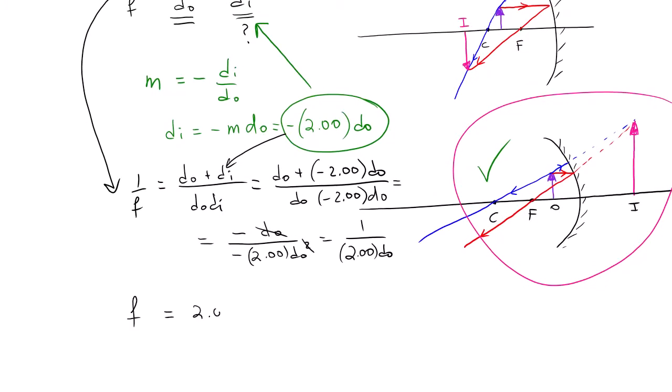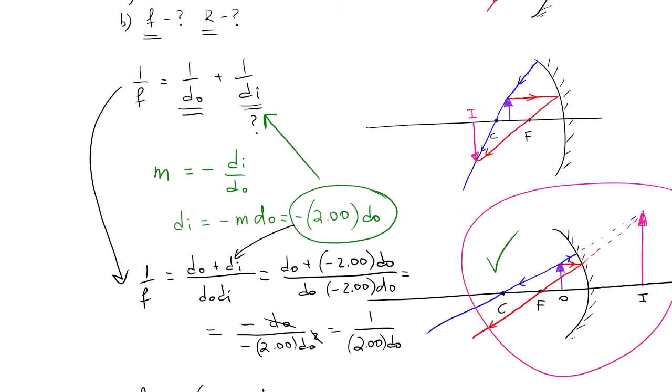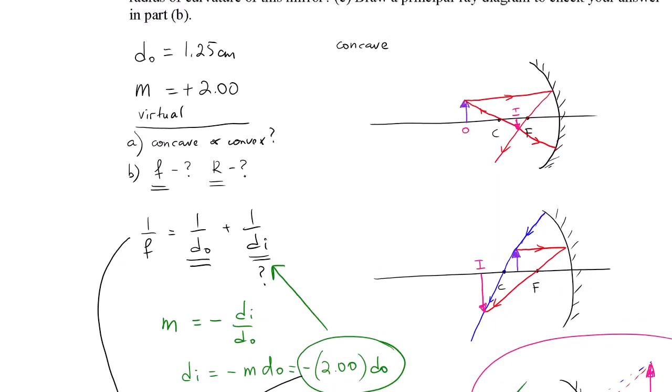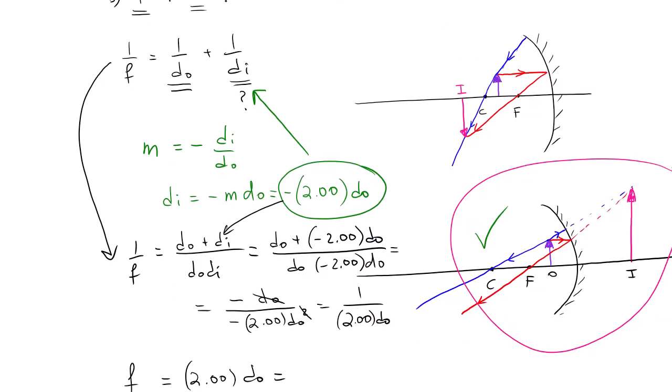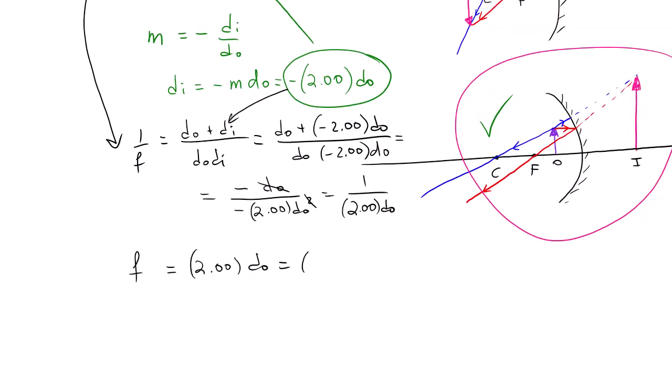That equals 2.00 times d_o. Let's plug in the numbers. Our d_o equals 1.25 centimeters. That equals 2.00 times 1.25 centimeters, which equals 2.50 centimeters.